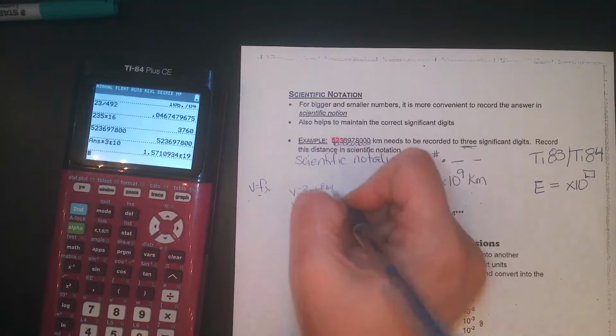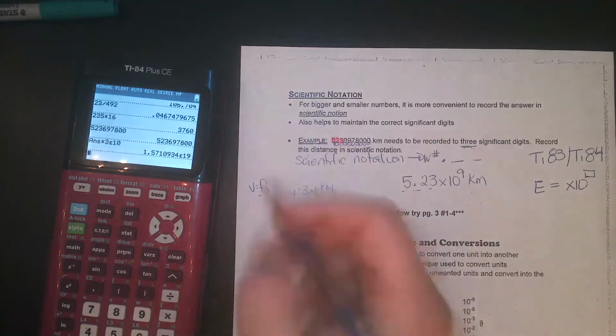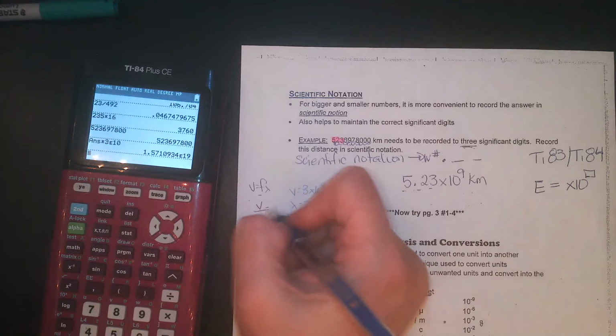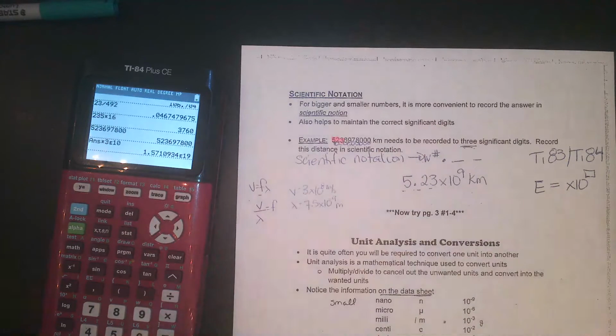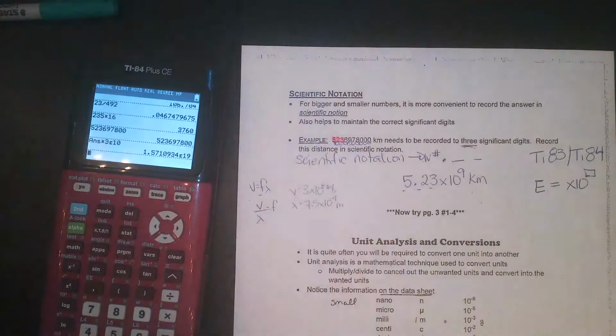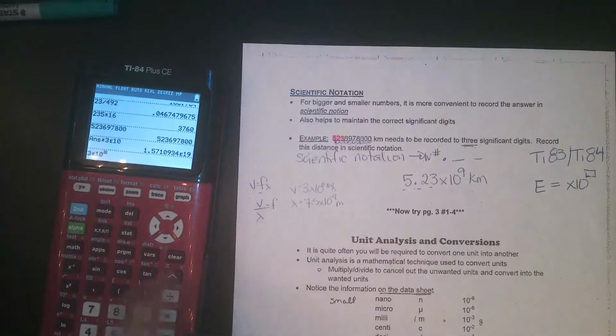This is meters per second. Well, first I have to rearrange my equation, so it's going to be V over lambda is equal to F. And so when I do this, a lot of you like to do this. 3 times 10 to the power of 8.